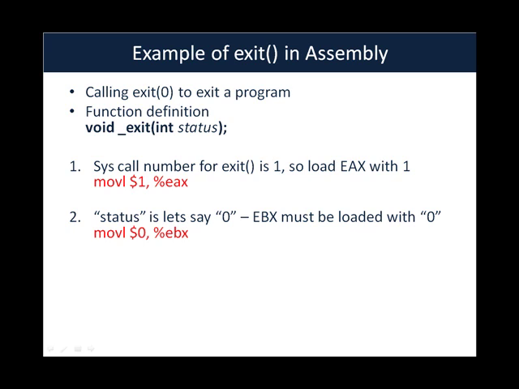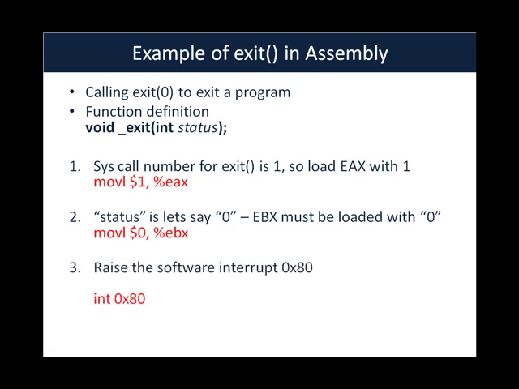Let's say the status value is going to be 0. From the previous slide, the first argument to the system call needs to be loaded into the EBX register. How do we do that? Very simply, we use the movl instruction again to transfer the number 0 into the EBX register.